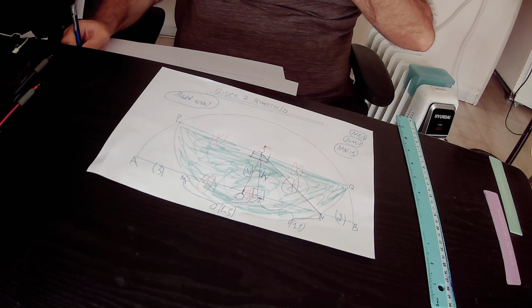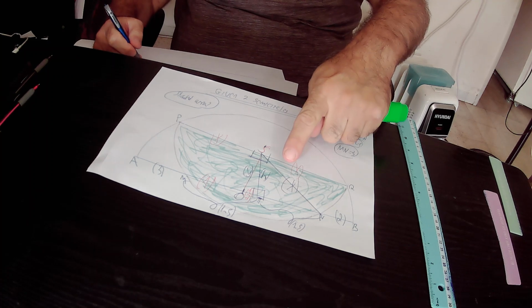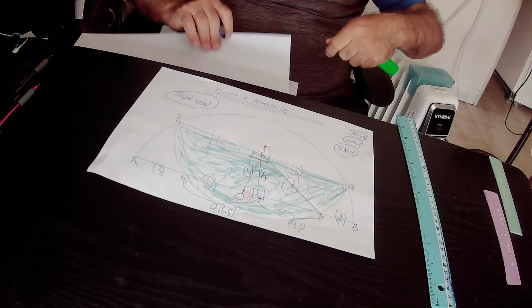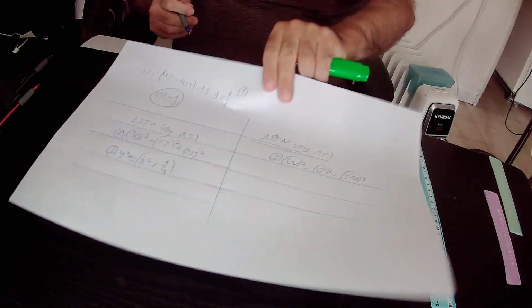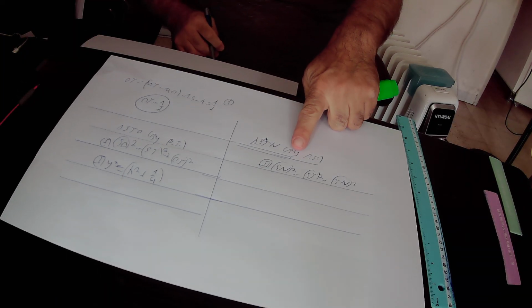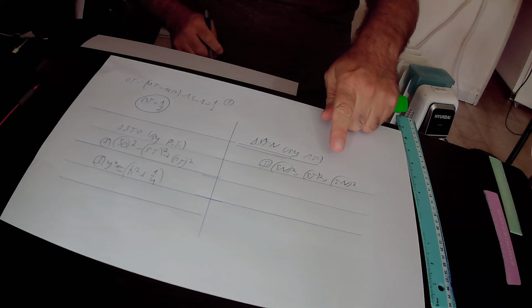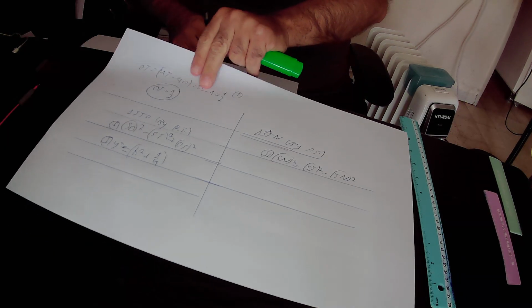And again, according to the Pythagoras theorem, on this right triangle STN, the following equation holds: SN squared, the square of the hypotenuse, equals ST squared plus TN squared.